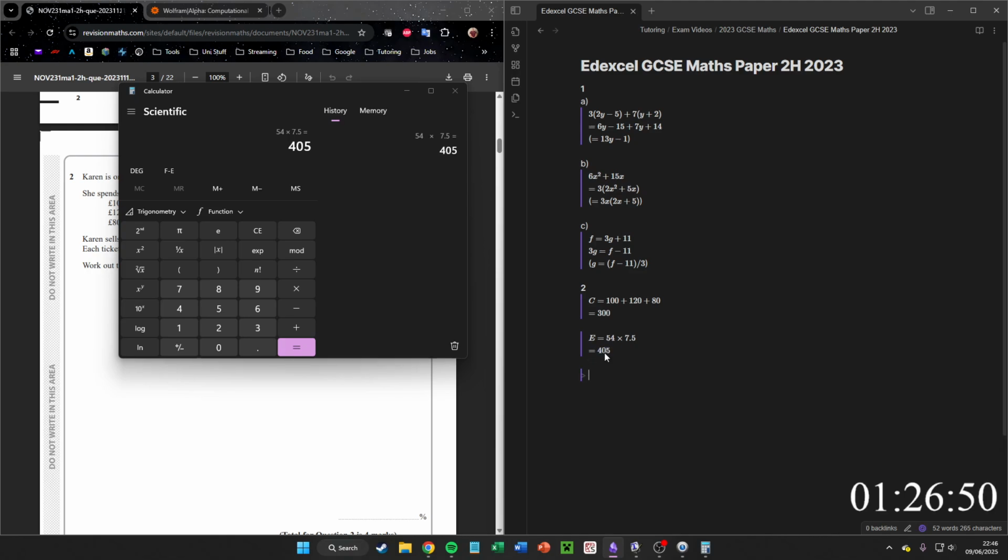Then the absolute profit would be E minus C, 405 subtract 300, or 105. And then a fractional profit would be equal to E minus C divided by costs, profit divided by costs, and that would be 105 divided by 300. Again, do not need Wolfram Alpha for this. 105 divided by 300 is 0.35, and we can very easily just say, okay, that's clearly 35%.